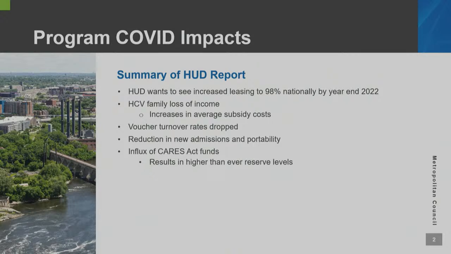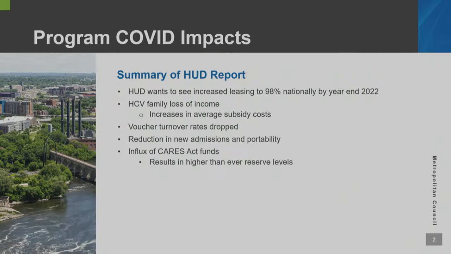Voucher turnover rates dropped during the period of COVID, and that's also been true for us, and I have a few slides on that, so not as many families or households are going off the program. And remember that with our program, most of the vouchers are in use most of the time. So we're really working with a small number of turnover vouchers to reissue for a variety of purposes.